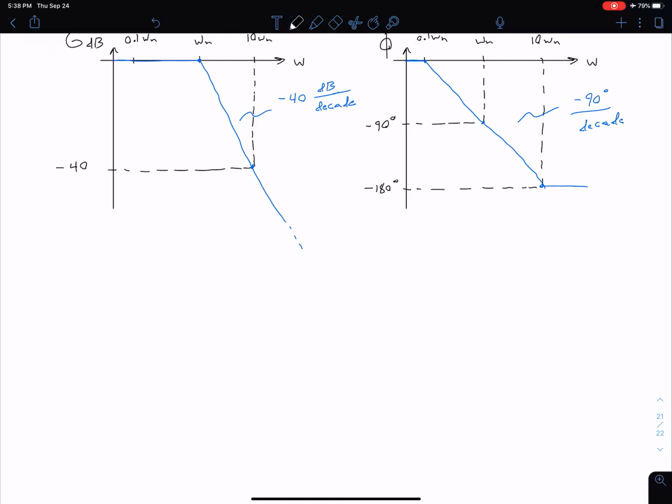If you look on Canvas, there's a good summary. There's also a summary on page 621 in the textbook. There is a slight error in one of the forms for the simple zero. That's corrected on Canvas.